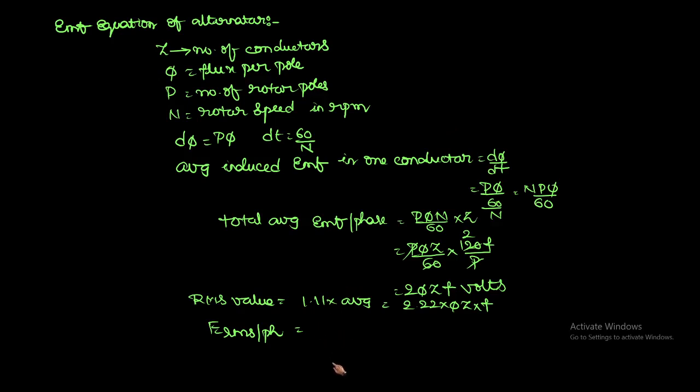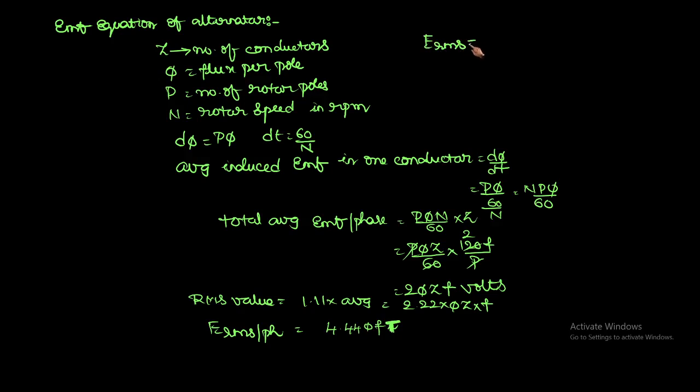So what you are going to get finally is 4.44 F phi Z. Z will be taken as T here, the number of turns, for which we are calculating ERMS per phase.